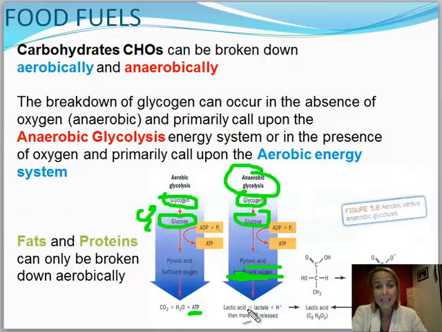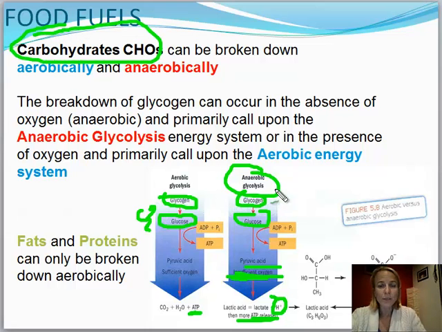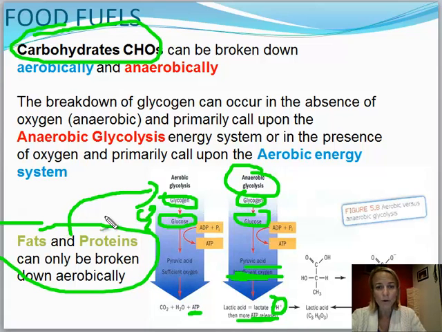Lactic acid is then broken down into lactate and hydrogen ions, which, as we know, when they accumulate, inhibit muscle contractions, so performance is slowed and we get less ATP release. What's important to note here is that carbohydrates are used in both systems, whereas fats and proteins can only be used in the aerobic energy system.